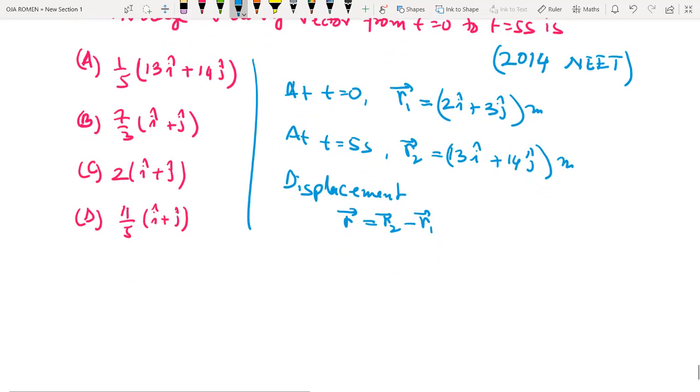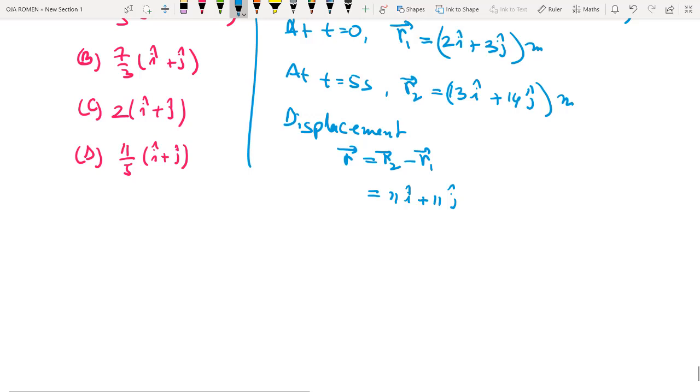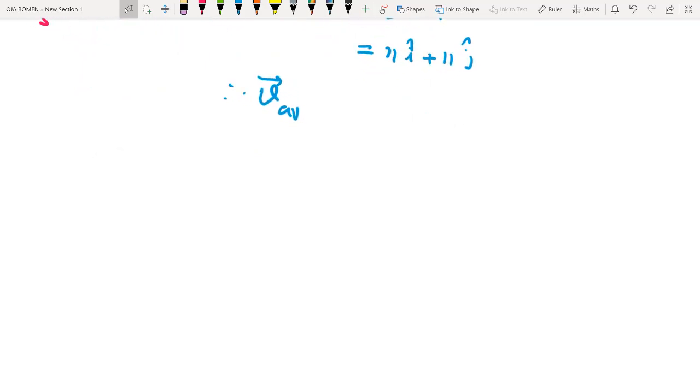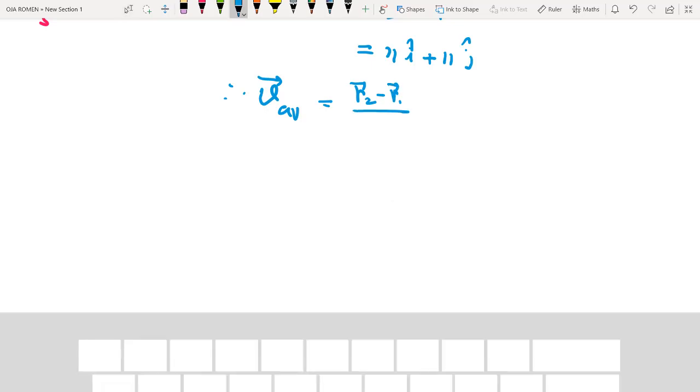So this is 11i plus 11j. Then average velocity equal to r2 minus r1 divided by 5.